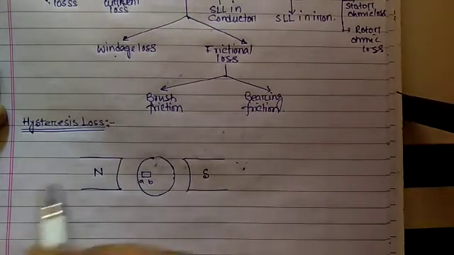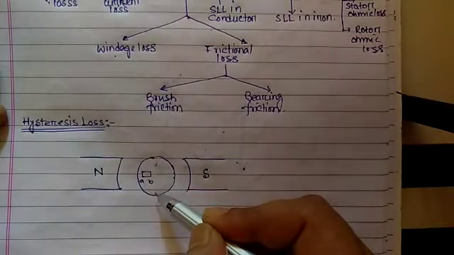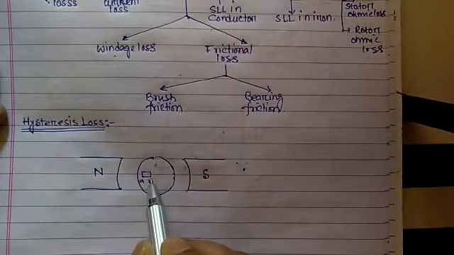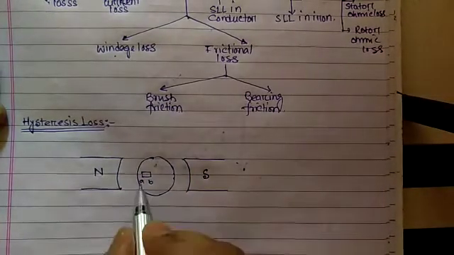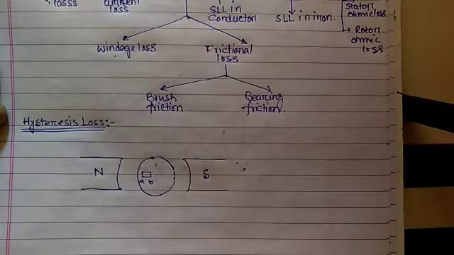Now under the north pole, all the molecules are aligned here as south-north. The A side is south, the B side is north.